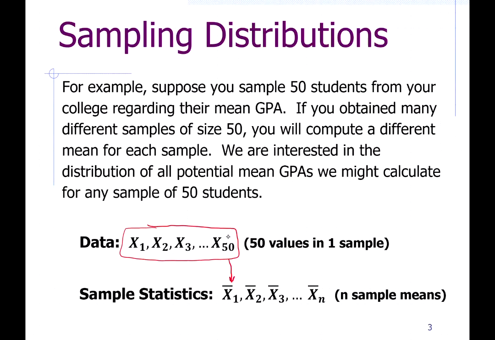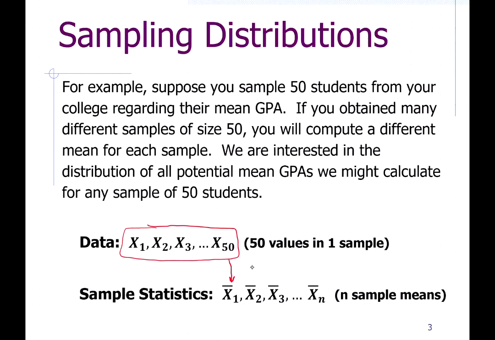So we have our first sample of 50 students, our first sample mean. Then we take another sample of 50 students and another sample mean, and so on. Now it's a huge list of sample means because there are many possible samples of size 50 from an entire college which has thousands or tens of thousands of students.